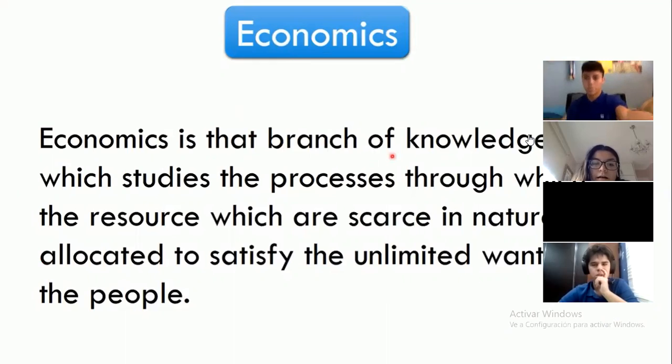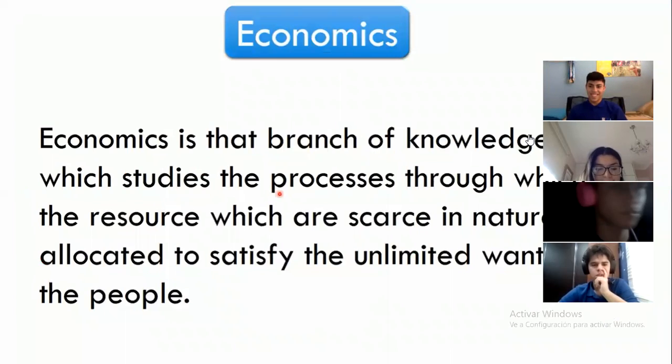Economics is that branch of knowledge which studies the processes through which the resources that are scarce in nature are allocated to satisfy our most pressing unlimited wants. In other words, it studies the way we work together to transform the scarce resources into valuable and usable goods and services so as to satisfy the human wants.